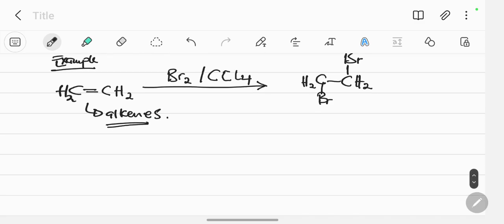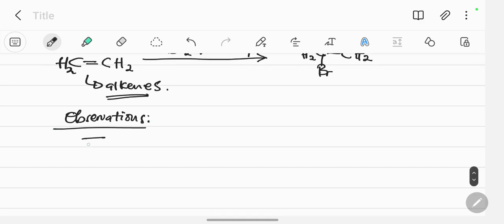So when you add in bromine, what is the observation? Maybe when you're in the laboratory and you try out this experiment, and they tell you to write the observations. You're going to state that since bromine is reddish brown, the reddish brown solution turns colorless.